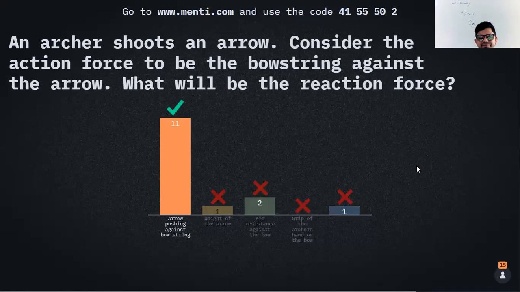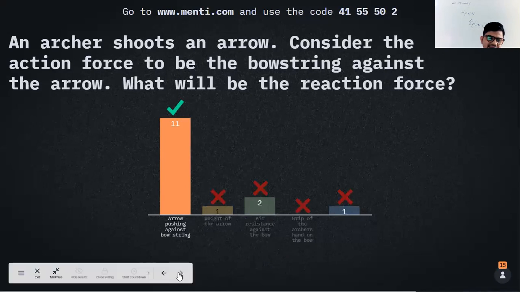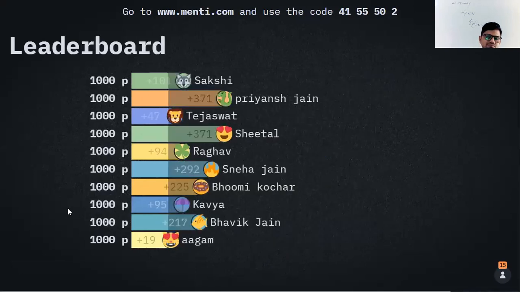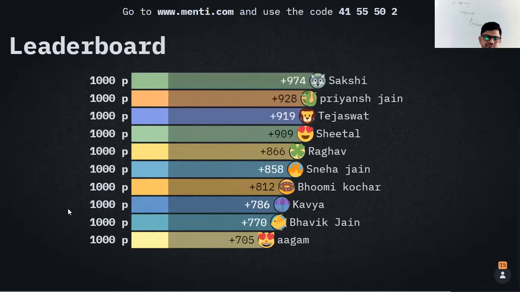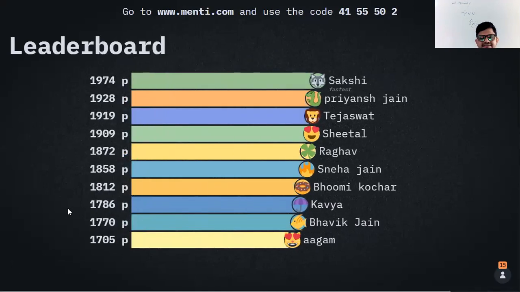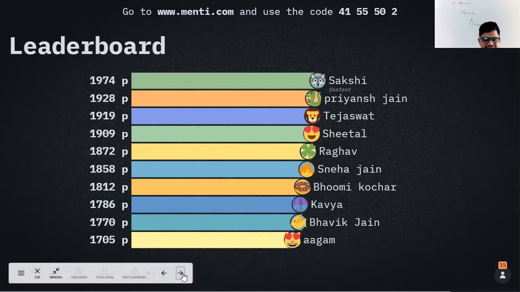So 11 students have given the correct answer. So let's see again the leaderboard. The fastest answer was from Sakshi, and all have given the correct answer. But due to the timing, Sakshi is first, Priyansh second, Tejaswat third, Sheetal fourth, Raghav fifth, Sneha sixth, and so on.